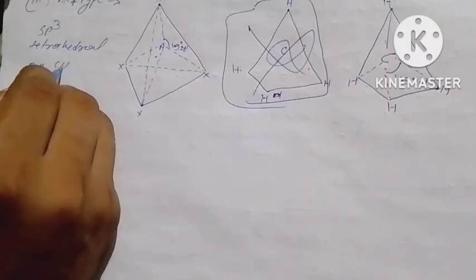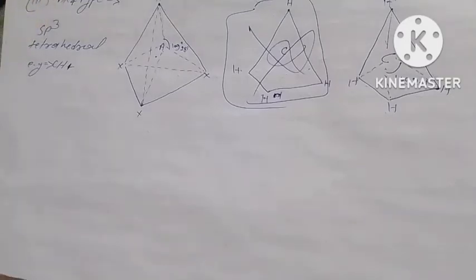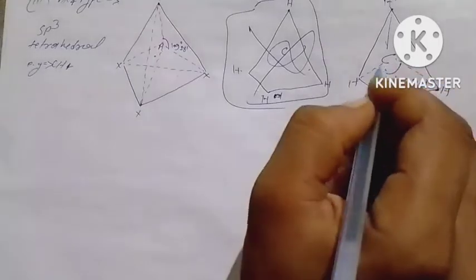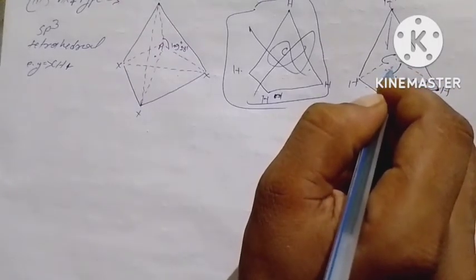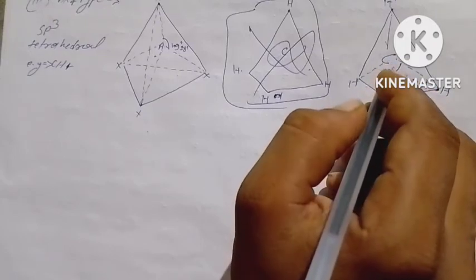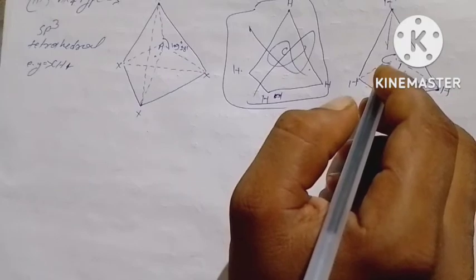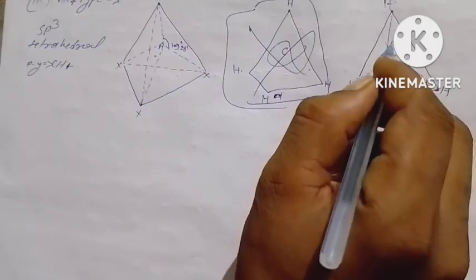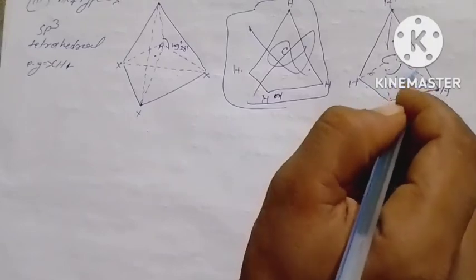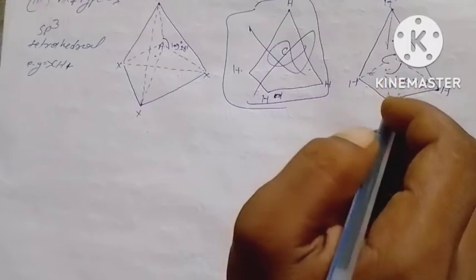Example: methane, CH4. In the methane molecule, carbon contains 4 valence electrons which form 4 covalent sigma bonds with 4 different atoms.